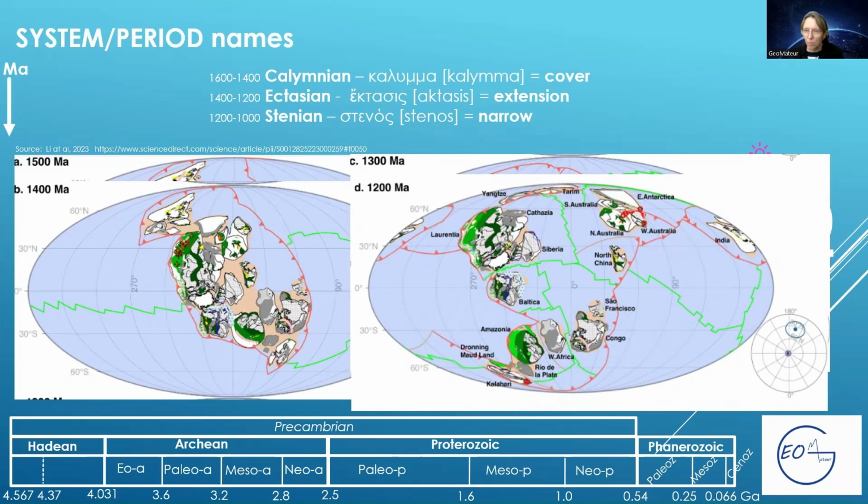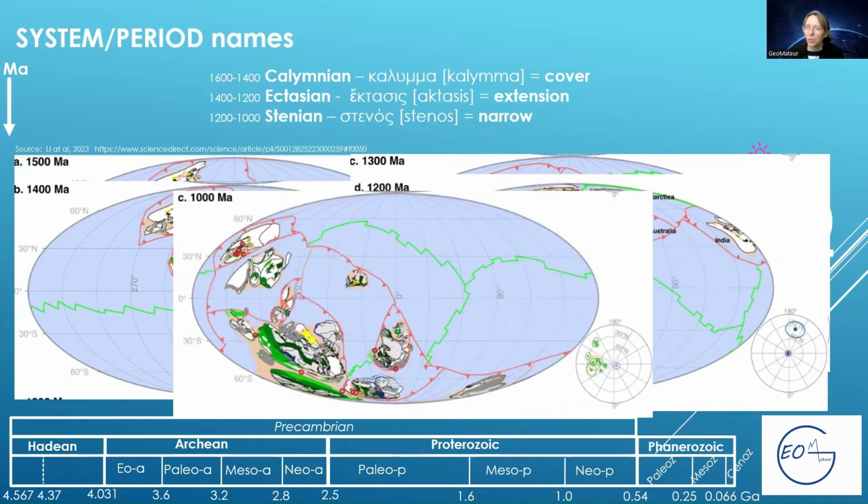And the breakup of the supercontinent finally led to the creation of a new supercontinent in the next unit, Stenian. The name is derived from the Greek word meaning narrow and reflects the narrow so-called polymetamorphic belts that were created at that time.